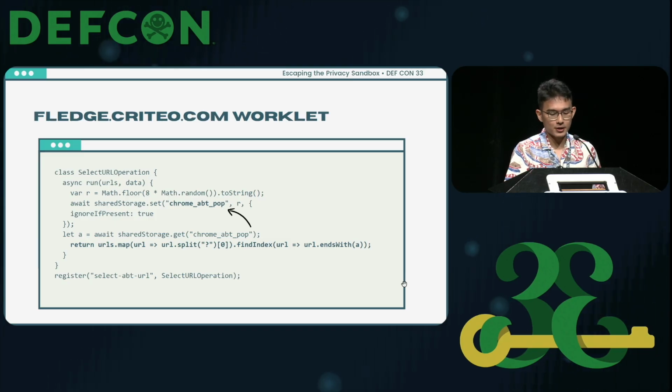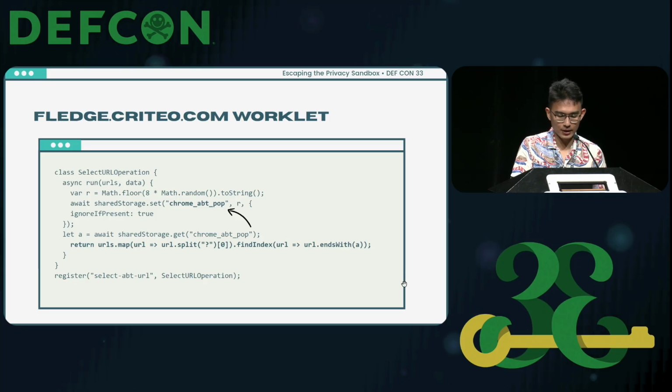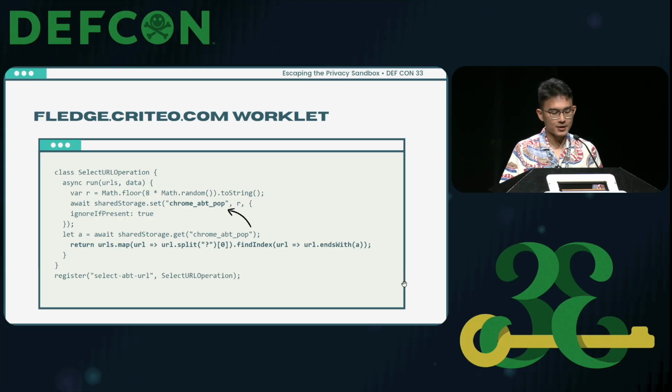One example I have here is fledge.criteo.com worklet code. So Criteo is another big advertising platform. In this case, it seemed fairly experimental, so I wouldn't kind of say that this is full production. But in this case, what they were using shared storage for, and this is simplified code, they were using it to set the A/B testing population value of a user. And this would be put in shared storage.